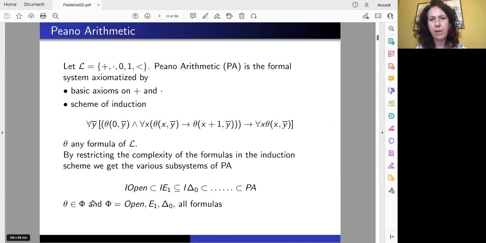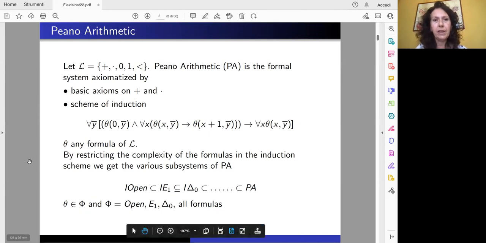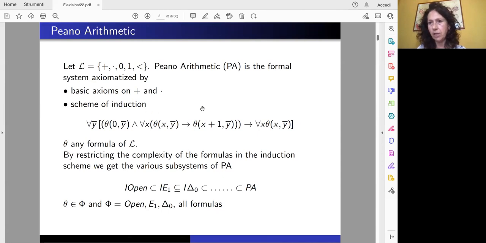On the contrary, I'll spend a bit more time on the theory of Peano arithmetic, because maybe not everybody is familiar with it. The language is the language of ordered rings, and the axiomatization is given by basic axioms on the operations of plus and times.